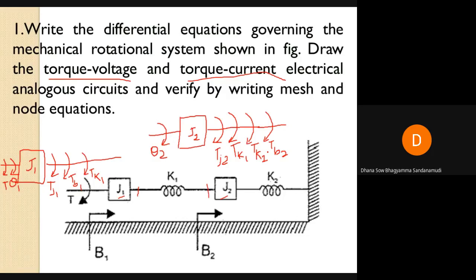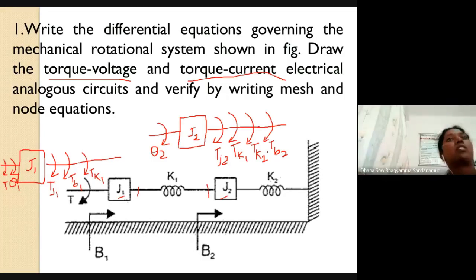I will take one more snapshot. So this is the free body diagram at node 2. Applied torque is 0, and opposing torques are 4 here.